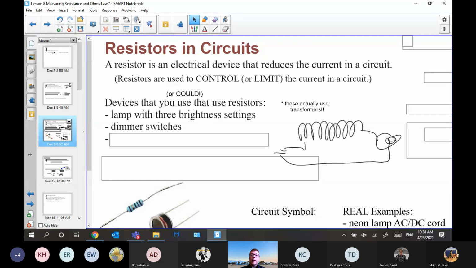If you connect it here, then the electricity has to go through all of this resistor, so it's lots of resistance. Or you can move the connector over to here, in which case it only has to go through a little bit of the resistor, so there's less resistance. So you're taking advantage of the length of the coil of wire. That's how they accomplish variable resistors.